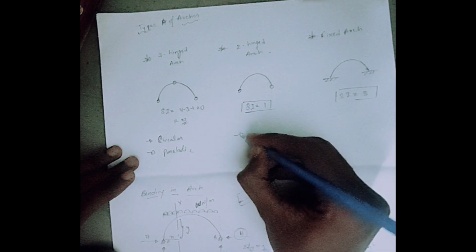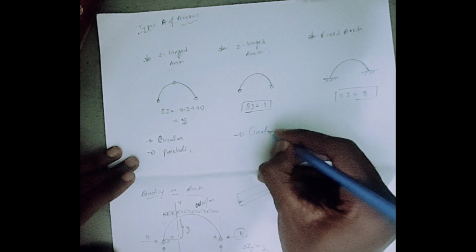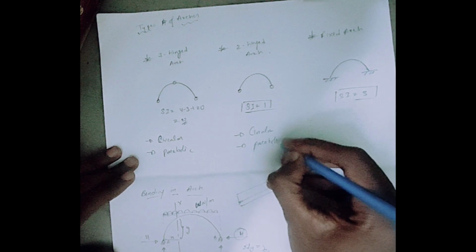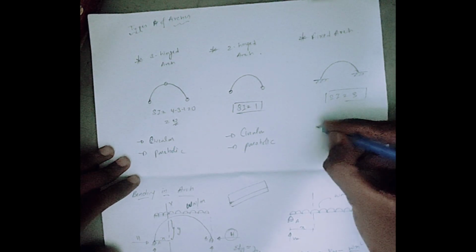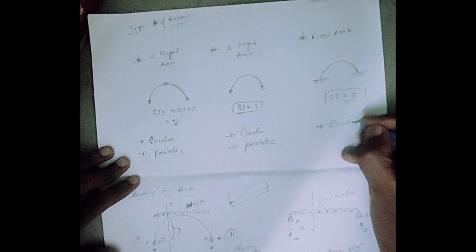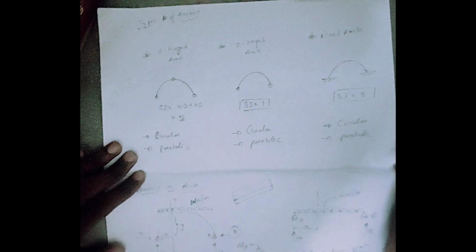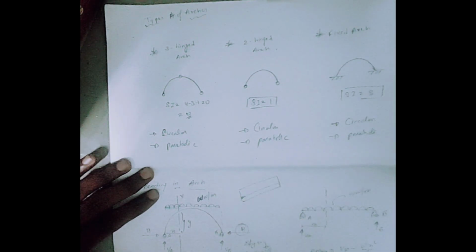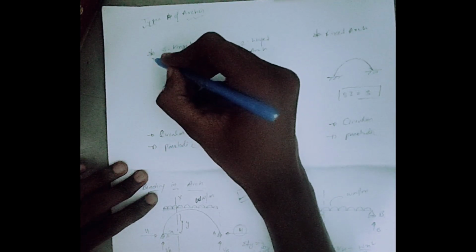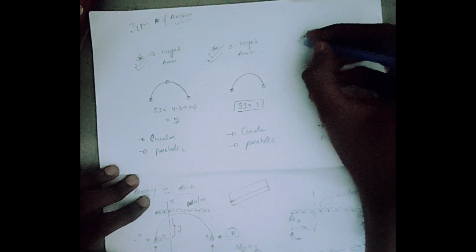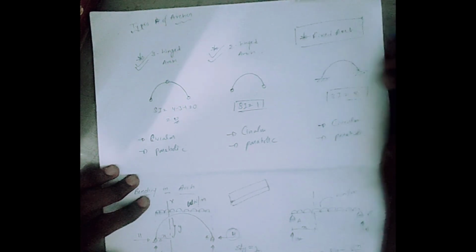In the 2 hinged also we have circular and parabolic, and in the fixed one also we have circular and parabolic. Usually we only learn about 3 hinged and 2 hinged. There is no need of studying fixed arches.